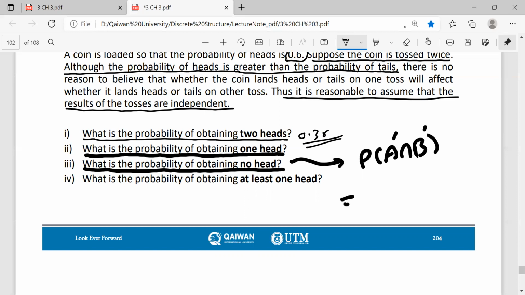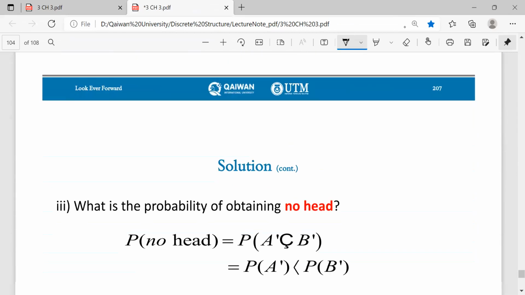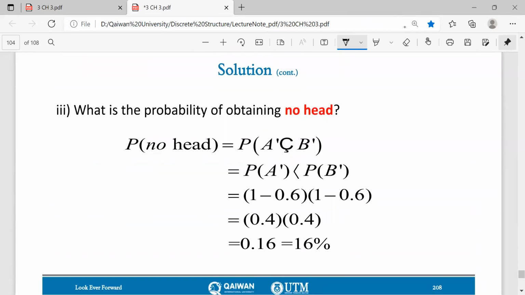It equals probability of A complement times probability of B complement. This is 0.4, this is 0.4, multiplying them is 0.16. That's it.